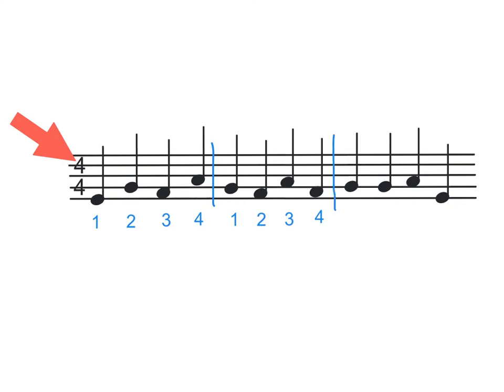Bar line. 1, 2, 3, 4. Bar line. Now, since we'll go ahead and call this the end of my piece, I'm going to go ahead and add a second thick bar line to make it a double bar line, so the musician playing my composition will know that that is the end of my piece.